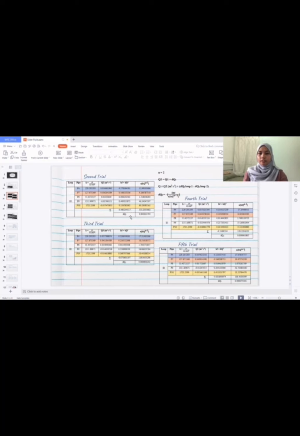After we get the total, just use this formula, which is dQ is minus the total of HF divided by N times K times Q power of N minus 1, and then we just continue until the value of dQ gets to 0.000.